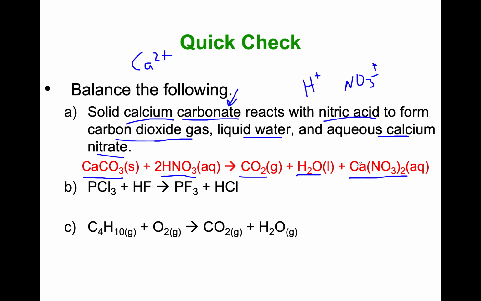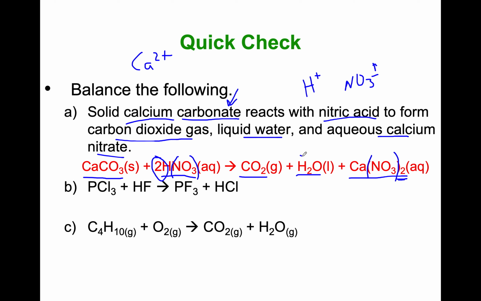There's 1 and 1, so that's balanced. Great. Take a look. One thing we were talking about is balancing atoms. Well, if the group is the same on the left and the right, so this nitrate, you can just look at the group as a whole and say, I got 2 nitrates on the right, so I need to put a 2 out front here to get 2 nitrates on the left.